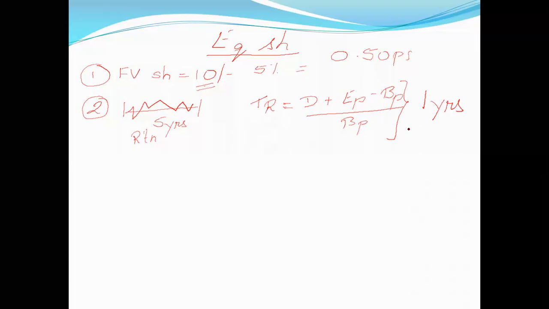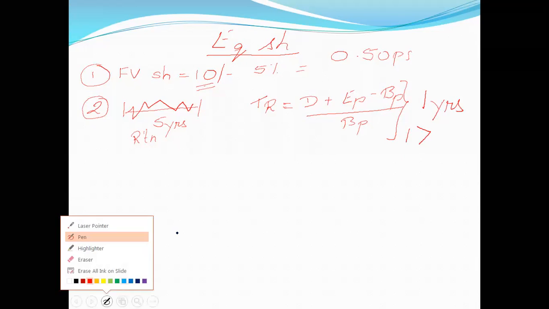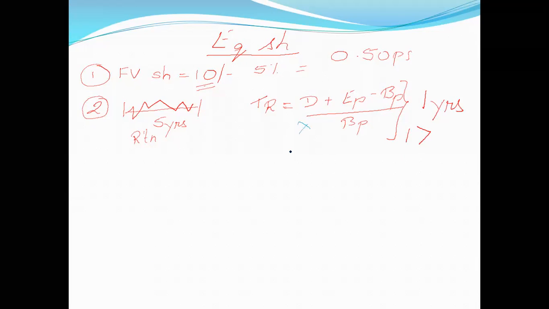But if you are holding the share for greater than 1 year, this formula is not going to be of any use to you. You have to go for a different formula.